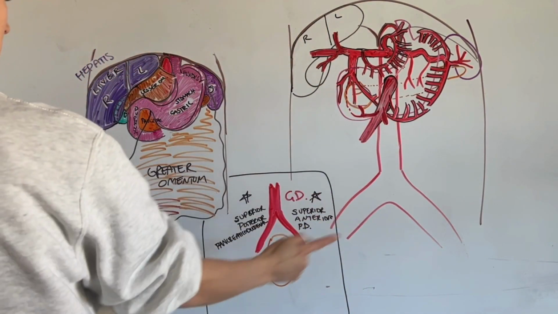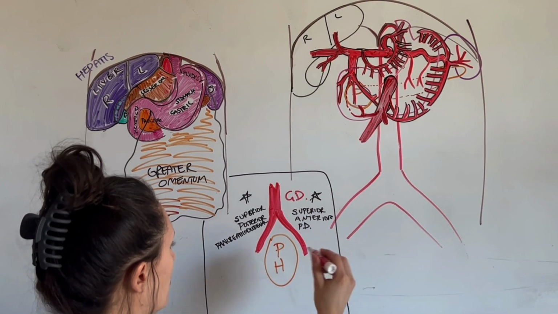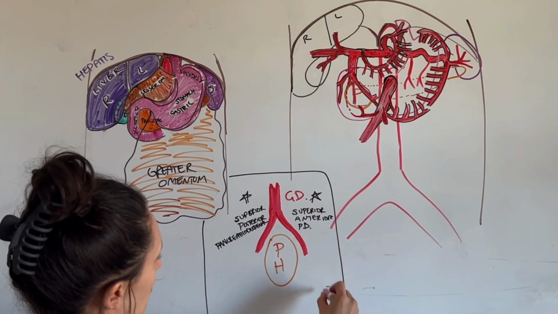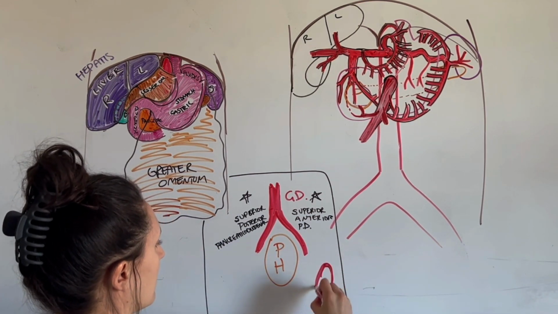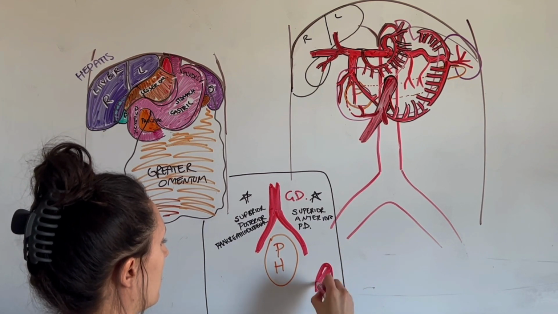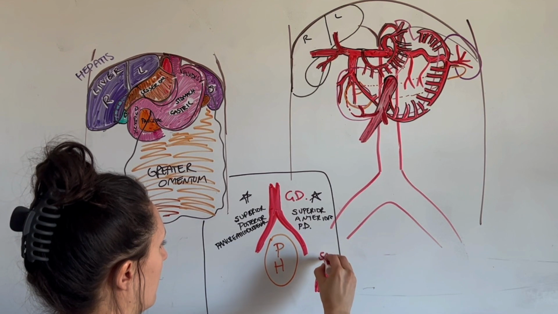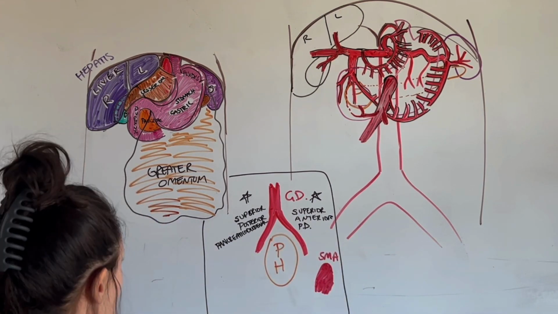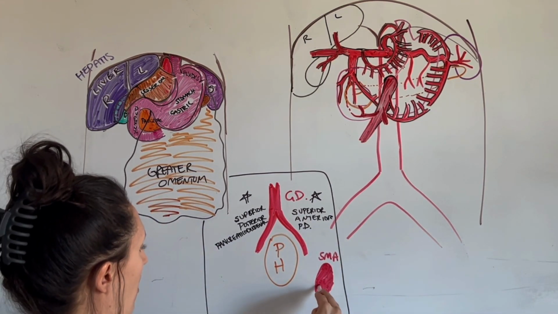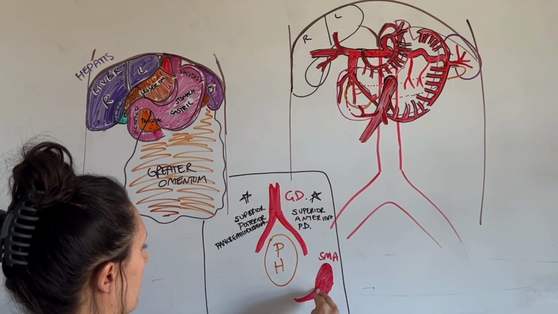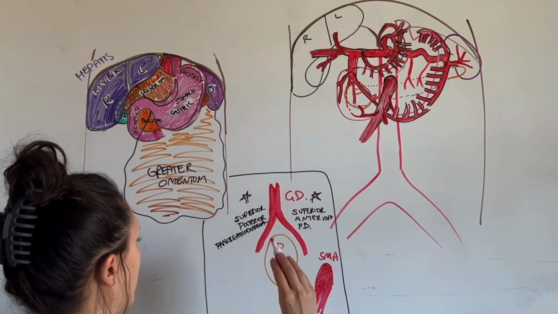So let's bring that down to this one. From our superior mesenteric artery, which I'm just going to draw over here for the sake of clarity, not accuracy, the superior mesenteric artery, SMA, is going to give off its very first branch, and then it's going to continue and do other things.